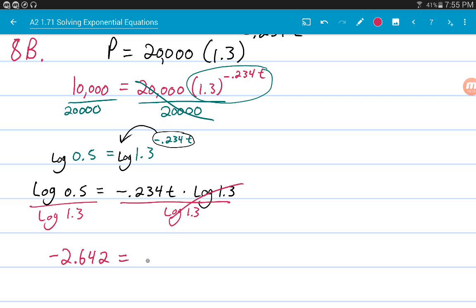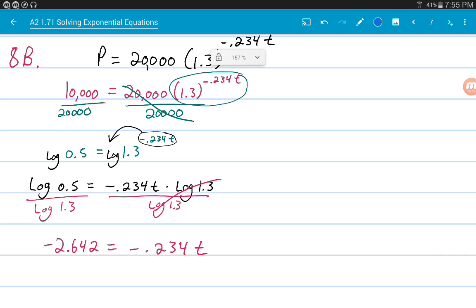And that's equal to negative 0.234 t. My very last move, to get t by itself, I'm going to have to get rid of this coefficient by dividing it off, negative 0.234. I'll cross this out, and I have to do it on the left as well.